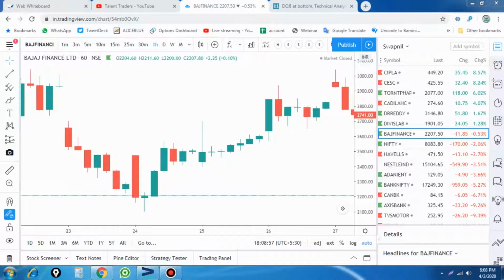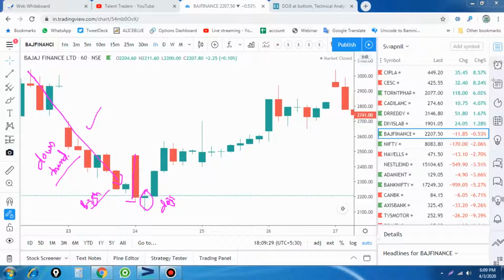Here this doji is in between the red candles, and the previous trend is clearly going down. There will be a big red bar, second condition meets, and the previous downtrend is confirmed, so big red, and doji at bottom.